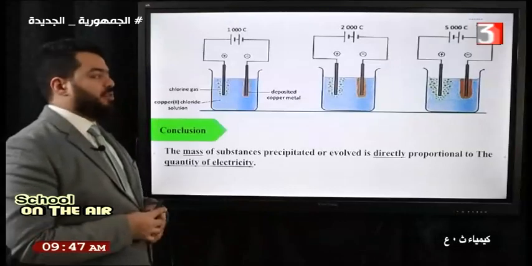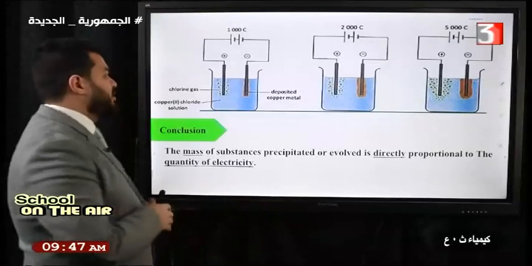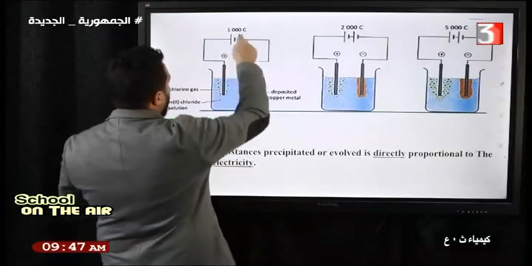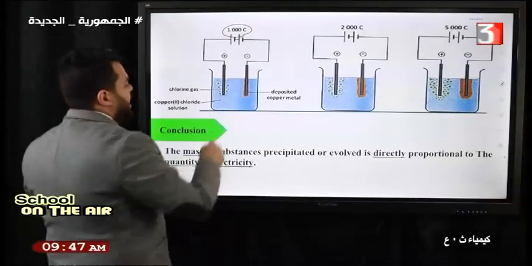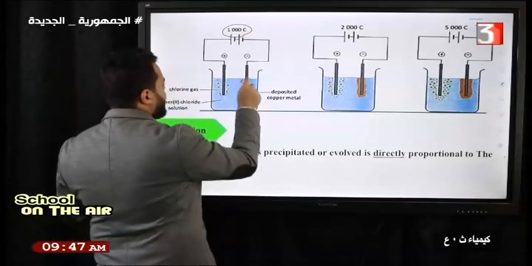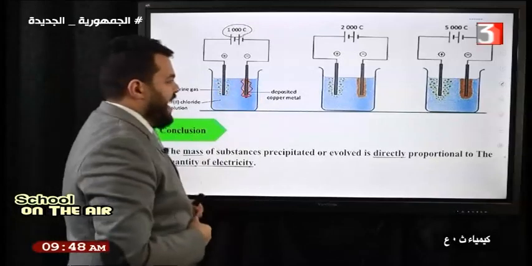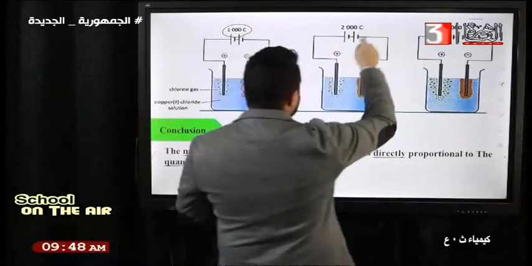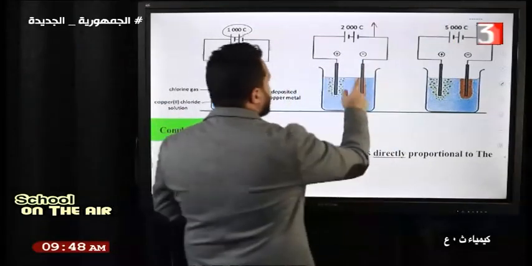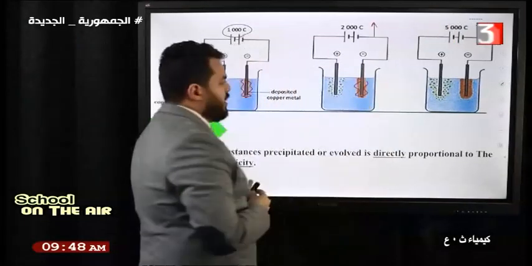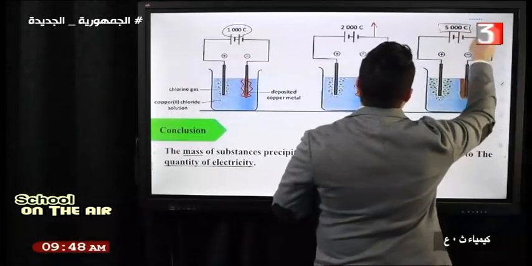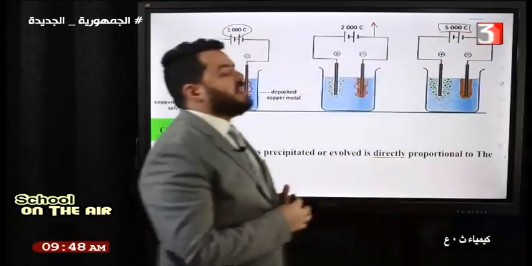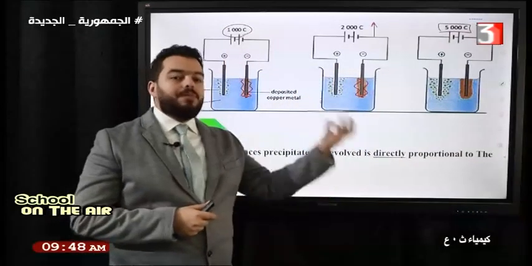In that experiment, he found that with the 1000 coulomb battery, the mass deposited on the copper was low, and when he increased the amount of electricity, the mass deposited increased. With the 5000 coulomb battery, the mass precipitated was the most.